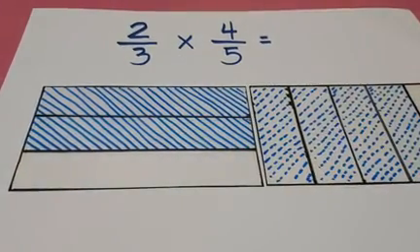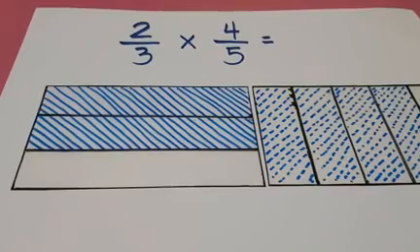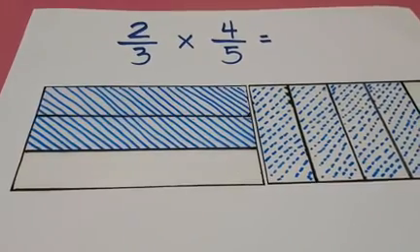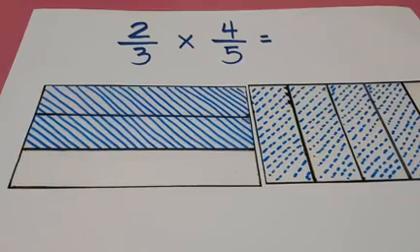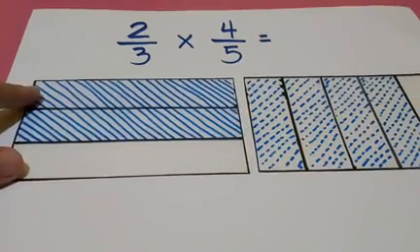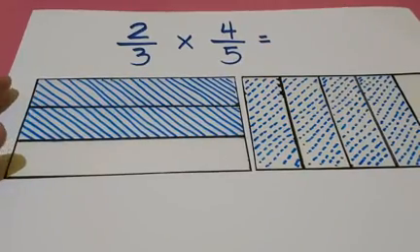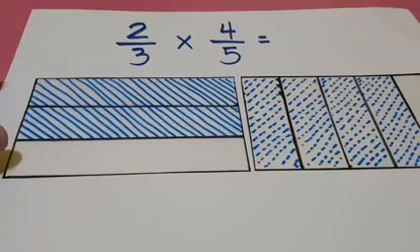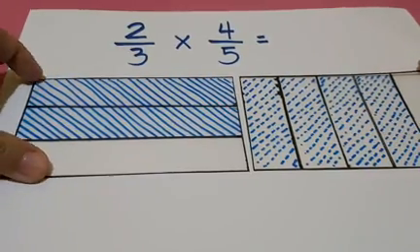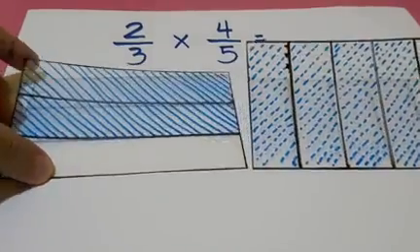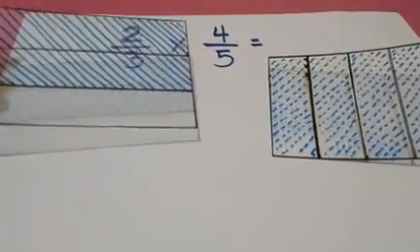And our model was divided vertically. Dapat ganon para makita natin, pag pinag-combine natin or pag pinagsama natin is, makaka-form siya kung ilan yung total number nung answer natin. So, let's combine. 2 over 3 times 4 over 5.